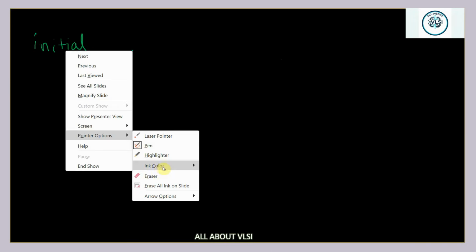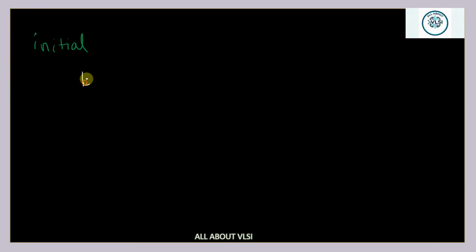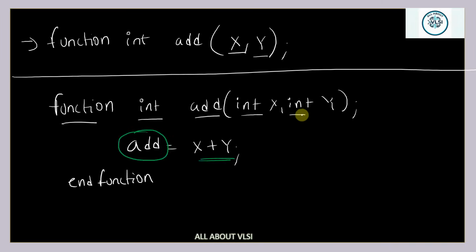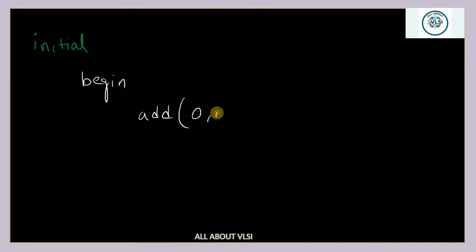Now, inside my code, within an initial begin end block, I'm going to call this function, add of, let's say, 0 comma 1. And let's say I declare some other variable, result is equal to add of 0 comma 1.